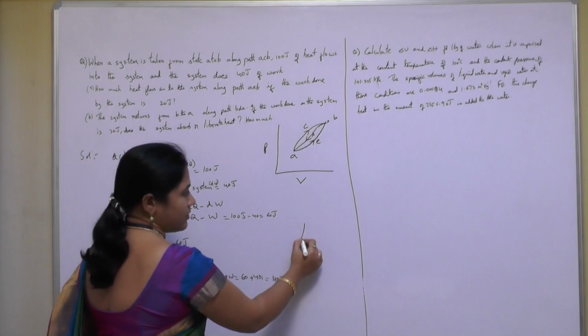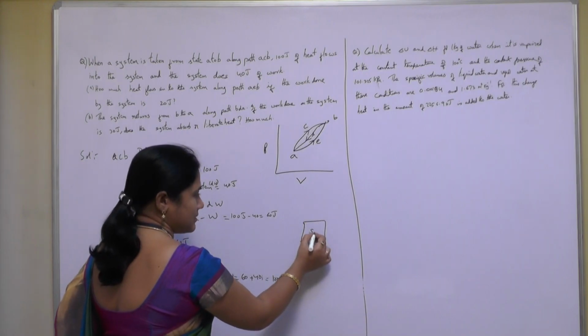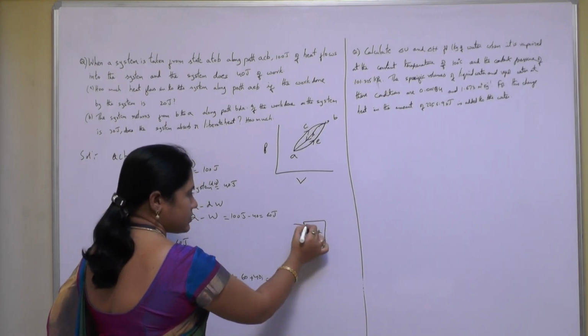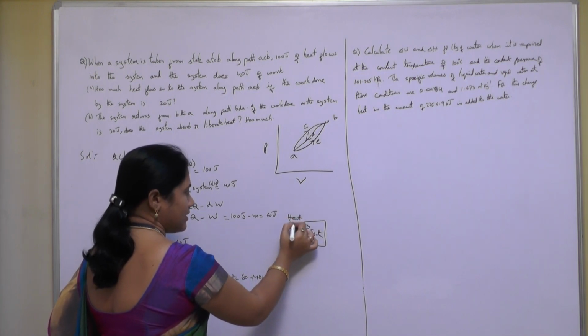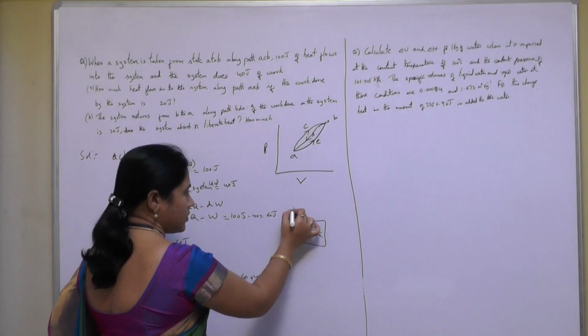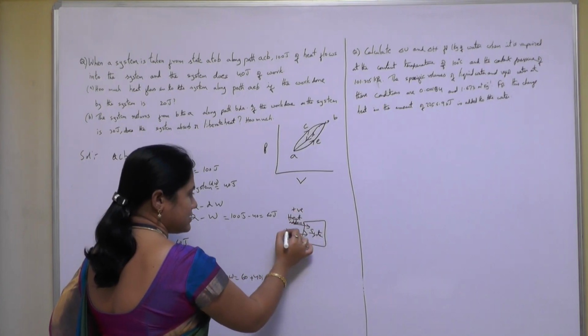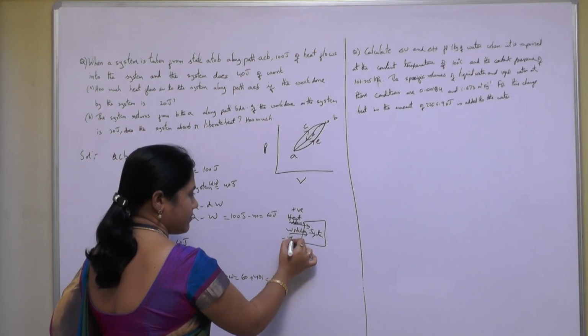Generally, suppose you consider this is a system. If heat is added, it is positive, and if work is done on the system, work is negative.